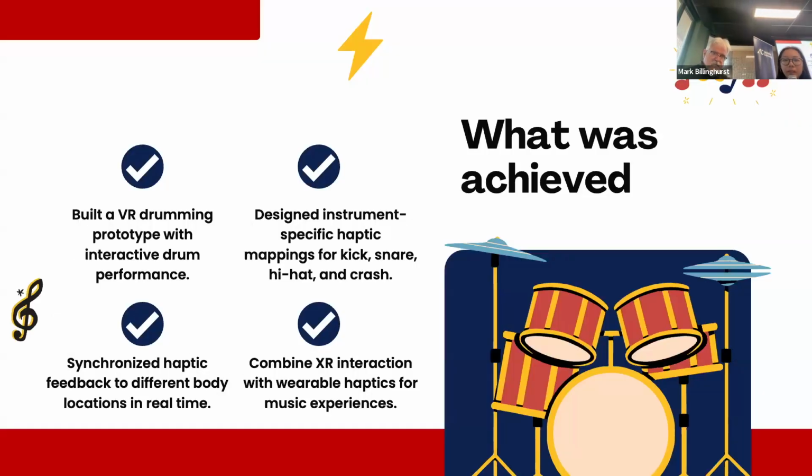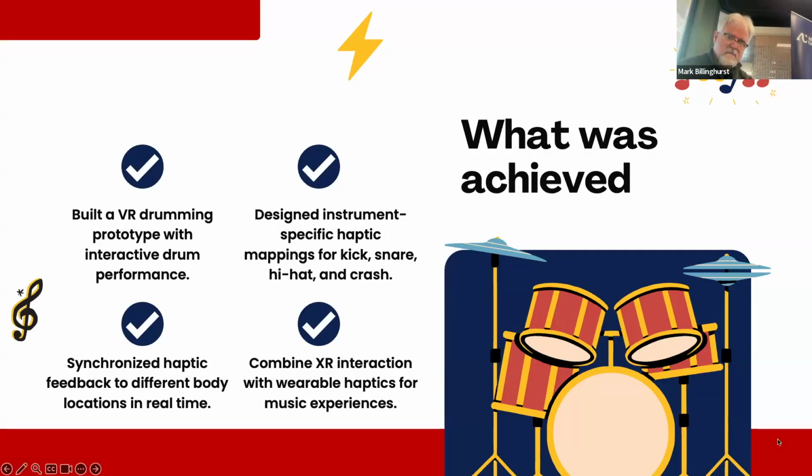During this winter school, what we achieved: firstly, we built a VR drumming prototype with interactive drum performance, and we also mapped the haptic feedback to the different drum parts, like the kick, snare, hi-hat, and crash.